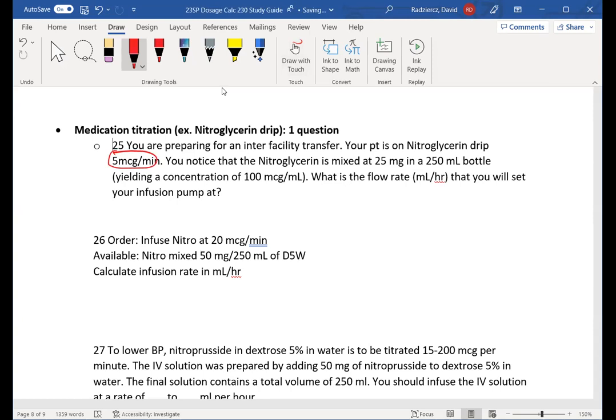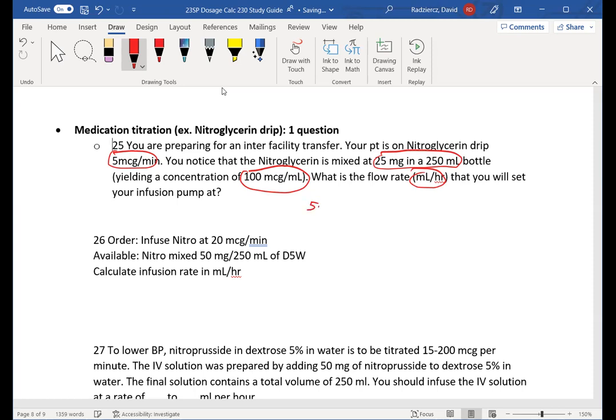Then it says you have nitroglycerin mixed at 25 milligrams in a 250 milliliter bottle, but it also tells you the concentration is 100 micrograms per milliliter. That's actually going to help us save a step. And then it wants to know the flow rate, and it even tells you in milliliters per hour. So I'm just going to make a conversion.